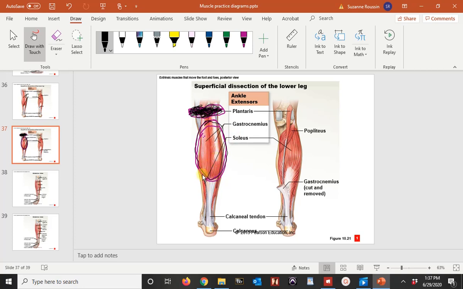Now, deep to the gastrocnemius, in front of the gastrocnemius, but this is all going to be behind the bone, the tibia in the leg, there's this muscle that is kind of flat, and it sticks out on either side of the gastrocnemius when it starts to get narrower down here towards the ankle.